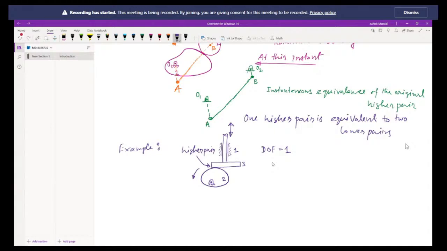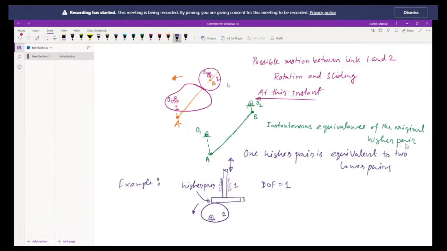So can we use our formula to get the degree of freedom for this case? Before we do that, let us see its lower pair equivalent, because this is a higher pair and we have practiced how to represent a higher pair in terms of lower pairs.